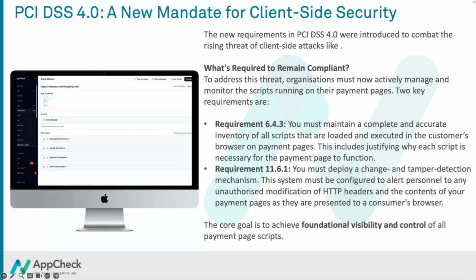You must also deploy change and tamper detection mechanisms, and this system must be configured to alert personnel of unauthorized modification of HTTP headers and the contents of your payment pages, and protect the customer's browsers. The core goal here is to achieve foundational visibility and control of all payment pages and scripts.